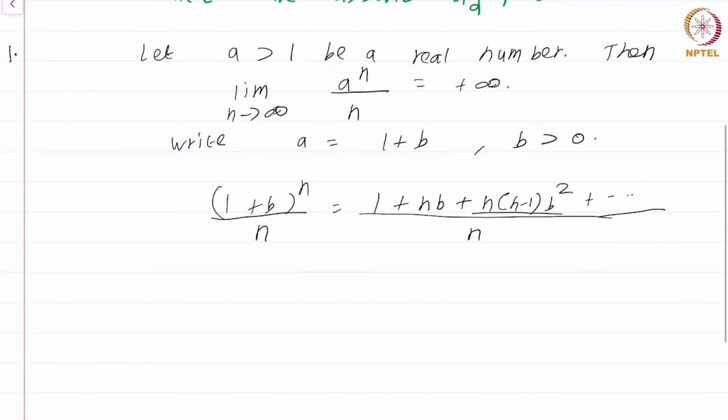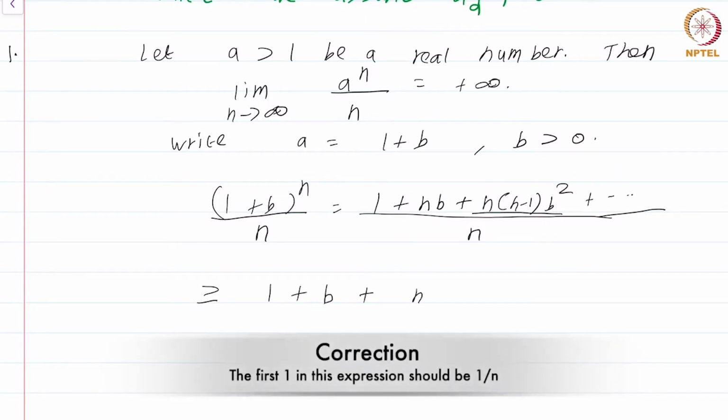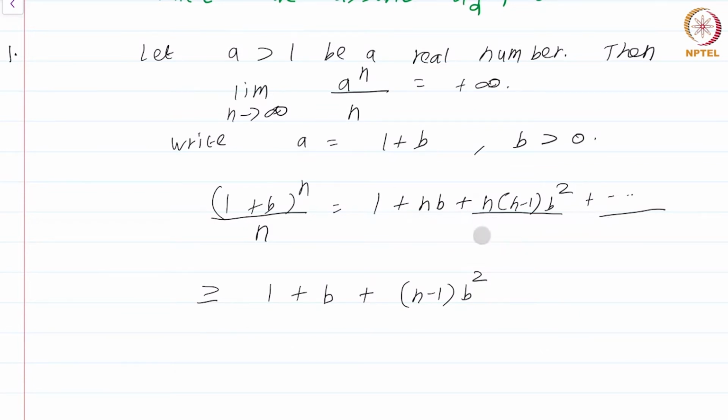Now why did I consider till the level 2? Well, simply because this I can write is greater than or equal to 1 plus b plus n minus 1, b squared. I forgot a by 2 here. The binomial coefficient will actually have by 2. So let me just write that down: (n minus 1)/2 times b squared.